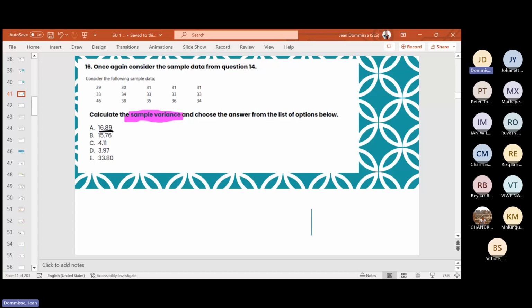Even worse is if you went as far as to say standard deviation, there is also an answer for you. So even if you went to that next level of standard deviation, and again, it could be because a previous question that you worked out actually asked standard deviation, and in your mind, that is where you're going.